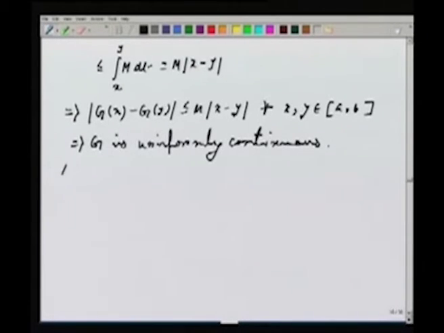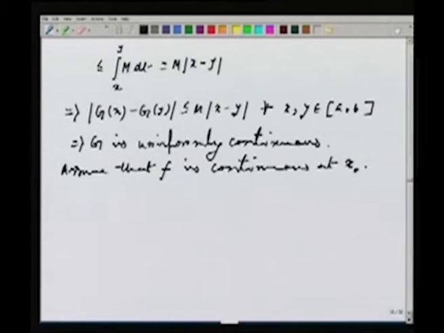Now assume that f is continuous at x0. I want to show that g is differentiable at x0 and the derivative is f at x0.